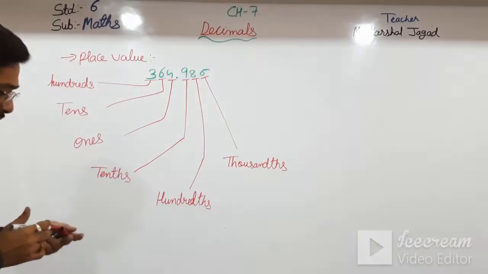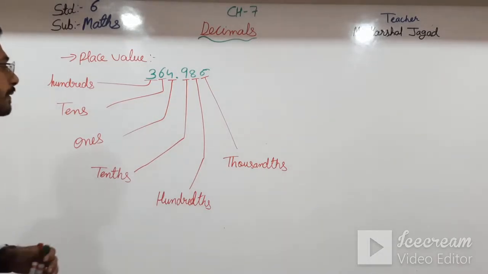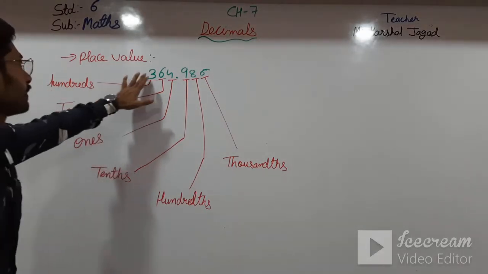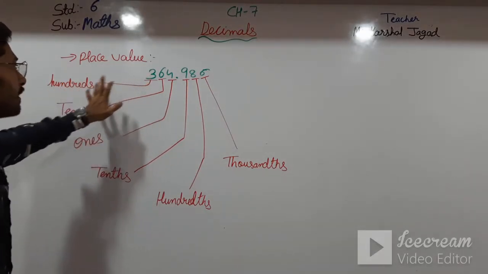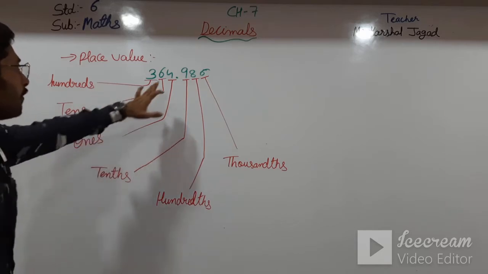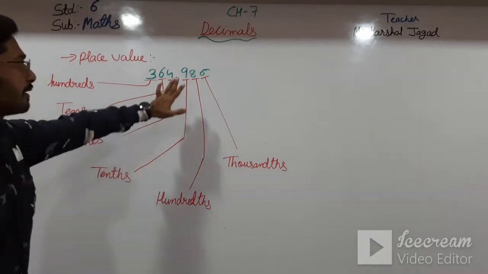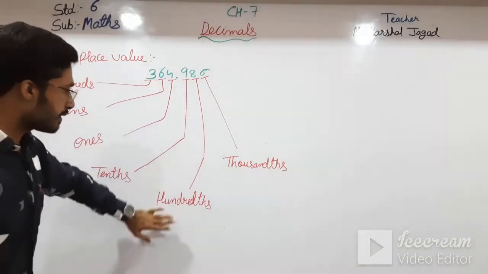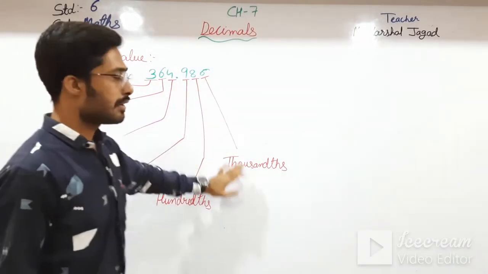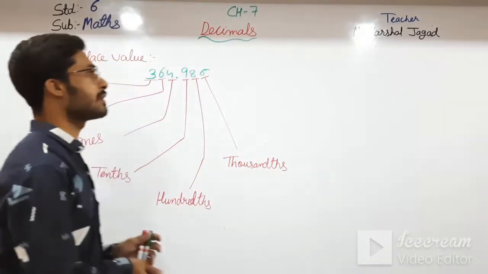Okay students, so these are the place values. Here the place value of 3 is hundreds, 6 is tens, 4 is ones, 9 is tenths, 8 is hundredths, 6 is thousandths. So this is how the place value works.